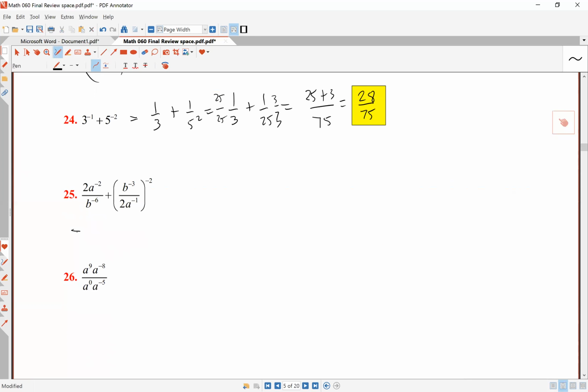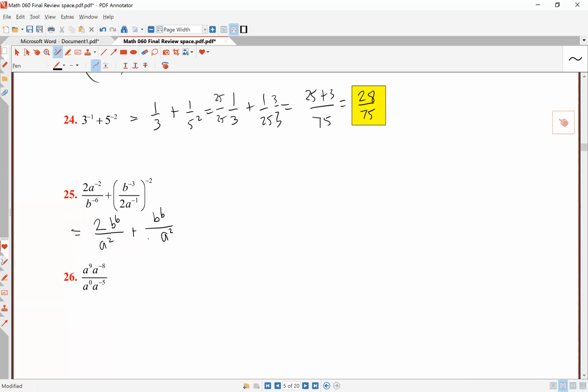'25. The a to the negative 2 will go to the bottom as an a squared, and the b to the negative 6 will go to the top as b to the 6th, plus negative 2 times negative 3 is b to the 6th. Negative 2 times negative 1 is positive 2. It's a to the 2nd.